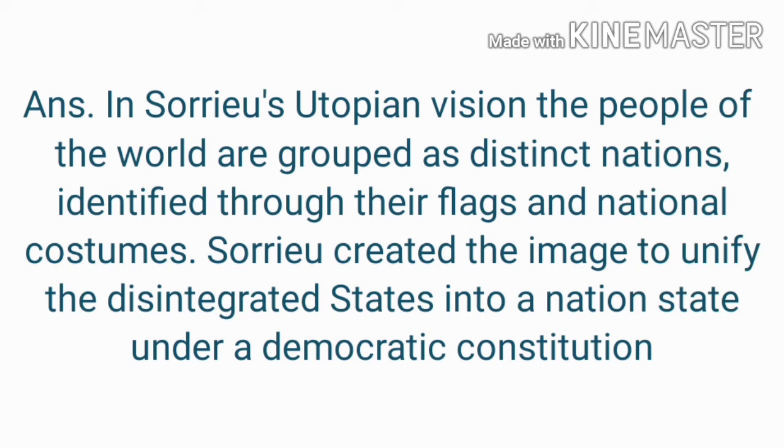Sorrieu created the image to unify the disintegrated states into a nation state under a democratic constitution. During that time, most of the countries were not united, for example Germany, Italy, Britain, etc. We will study in detail. Okay?